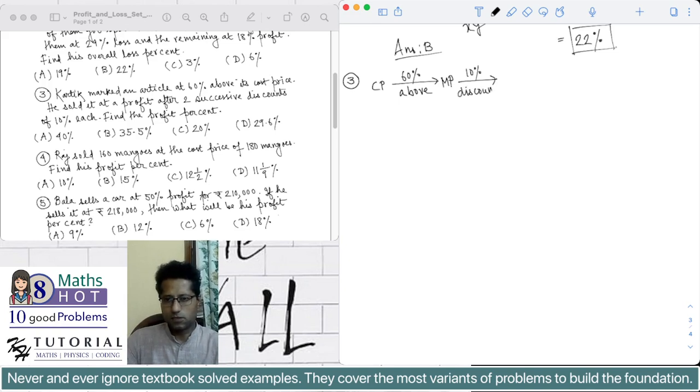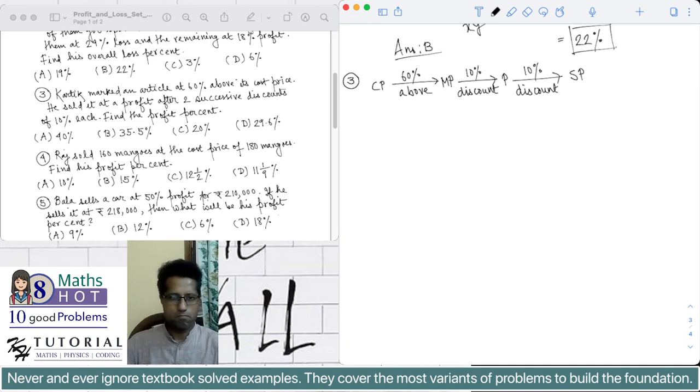So let's say after the first 10% discount from the mark price, the reduced price is P, and from P again there is a discount of 10%, and finally we have the selling price, and it makes a profit. We have to find the profit percent.